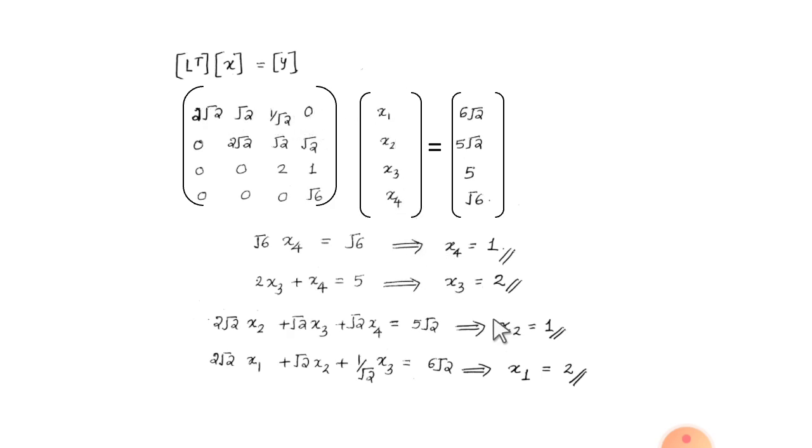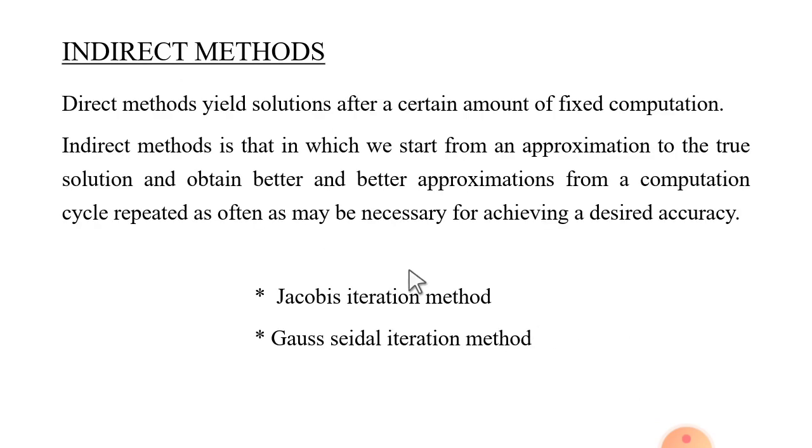So hence we can get the values of x1, x2, x3, x4. These are the unknowns which are to be evaluated. So this is how we solve using the Cholesky method.